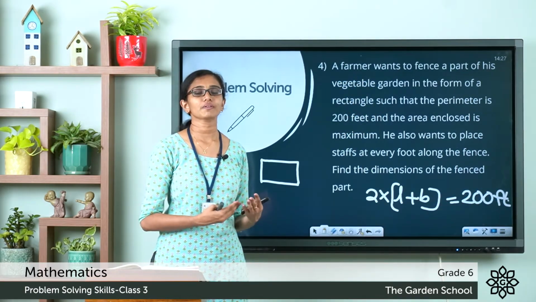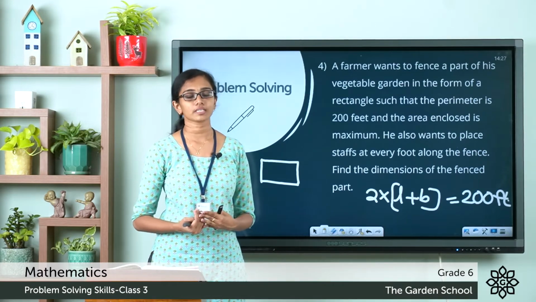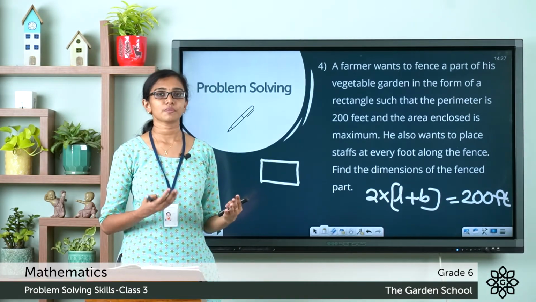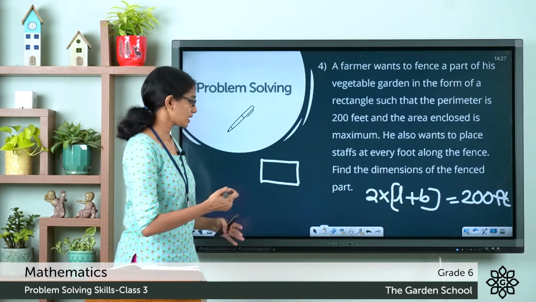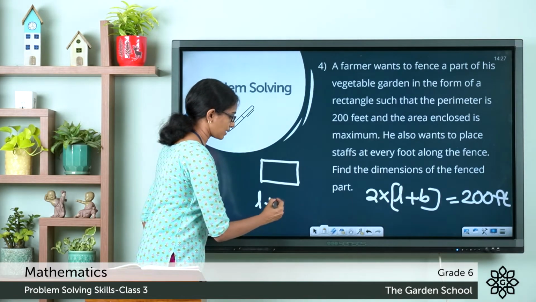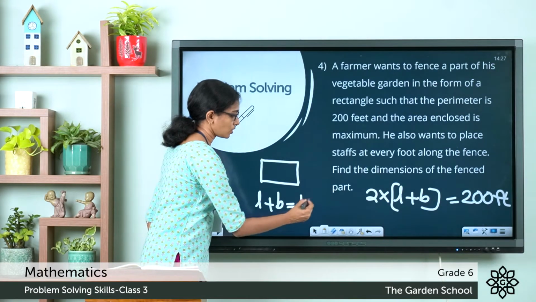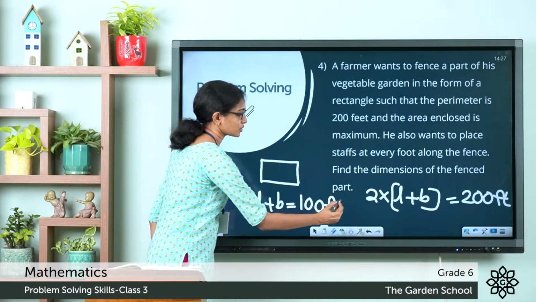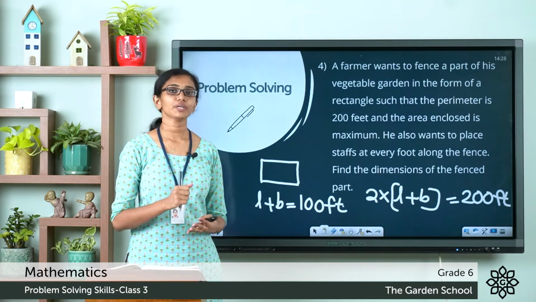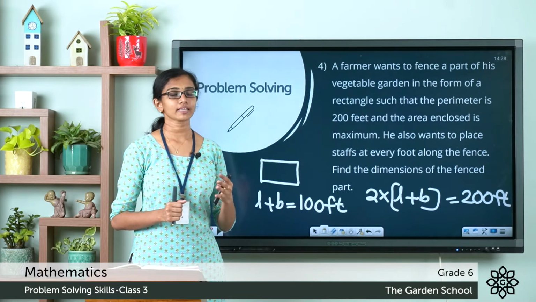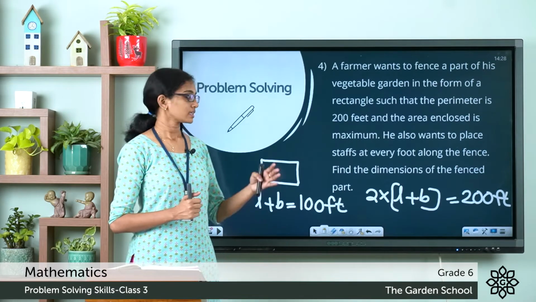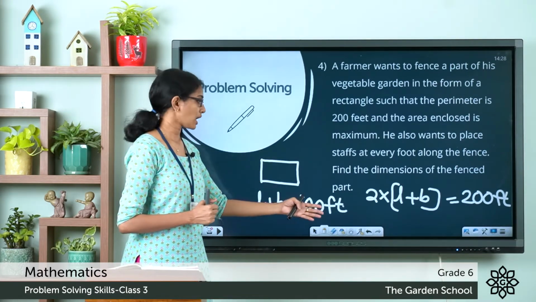So, from this, how can we find out what is the length and breadth of the rectangle? See, 2 times the length plus breadth is equal to 200 feet means the sum of the length and breadth is equal to 100 feet, the half of 200 feet. So, here we need to find out the possible combinations of length and breadth so that the sum of the length and breadth is equal to 100 feet.